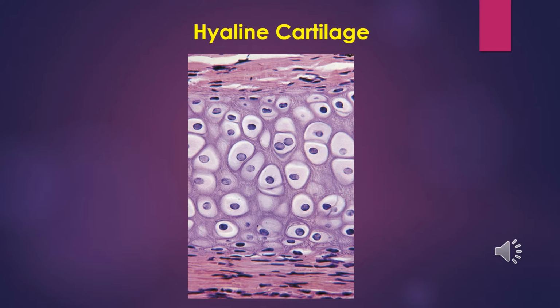Also present is the perichondrium, in the peripheral part of this cartilage on the picture, and you can see the light color of the cytoplasm in cells. In the perichondrium there are more collagen fibers and cells, chondroblasts.